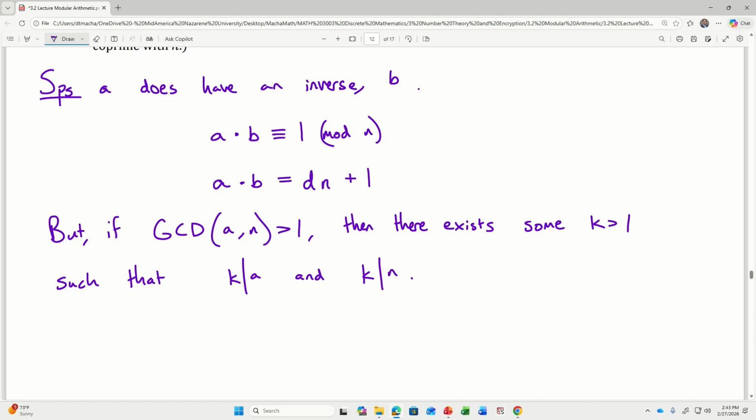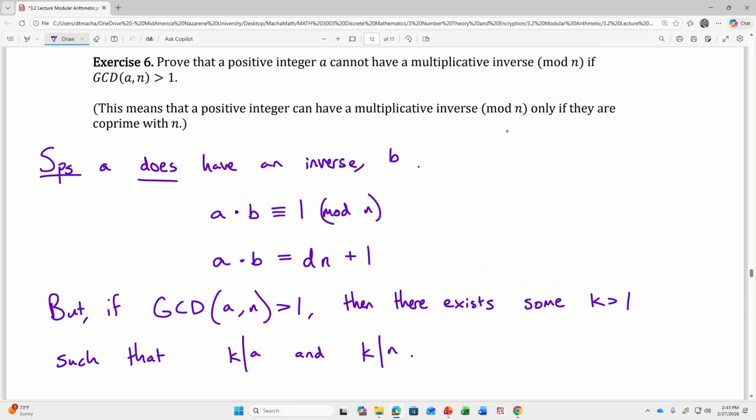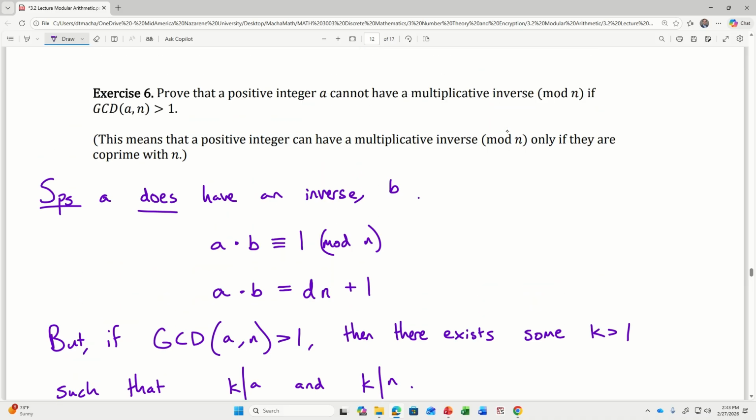And we're trying to find a contradiction, because we're starting off this proof by saying, suppose a does have an inverse. But what we're actually trying to prove is that a cannot have an inverse.